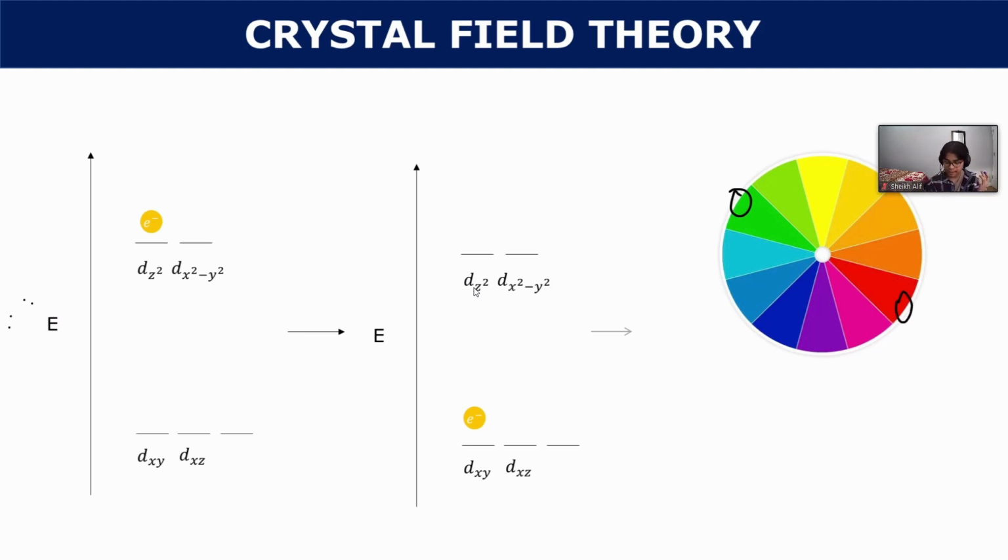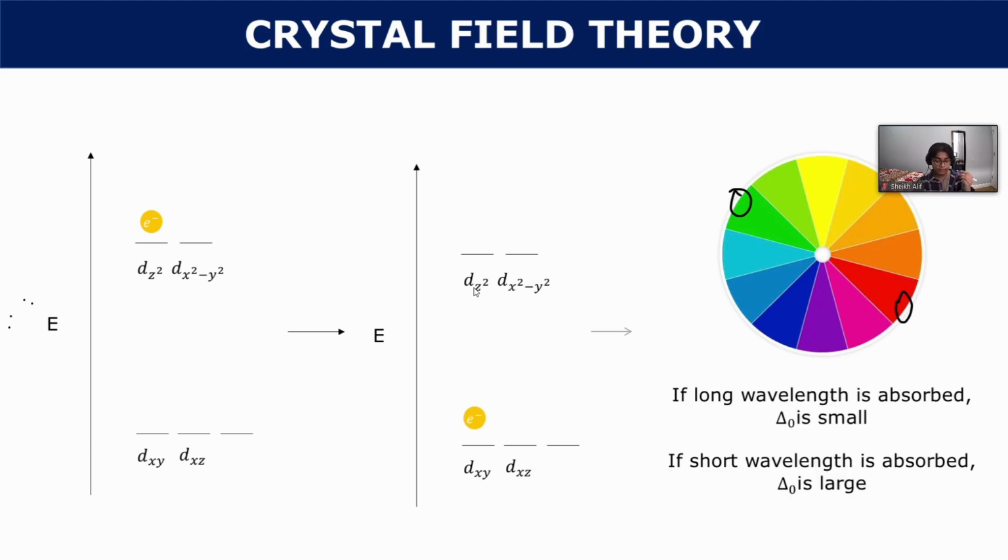Fundamentally, that splitting of d orbitals is very similar to the energy levels we saw in the hydrogen atom. The electron gets excited, and when it comes back down, it has to emit that energy, and sometimes that energy is in the form of light. One more thing: if a long wavelength is absorbed, then the E naught value is going to be small, but if a short wavelength is absorbed, the E naught value is going to be large.